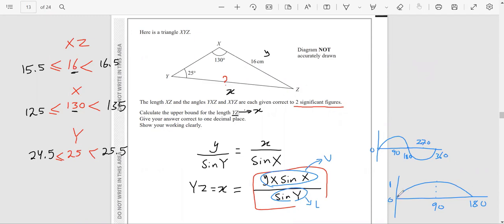This graph shows the movement of the angle. The angle increases up to 90 and then continues increasing up to 180. If you notice, as the angle increases, the value of the sine increases. For example, 30 gives a sine value here, and 60 gives something higher here.